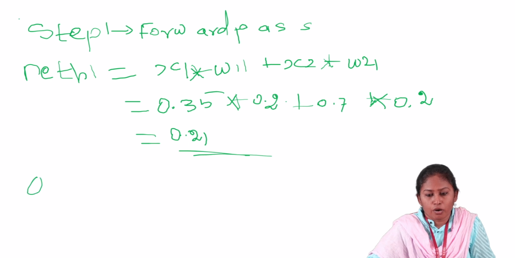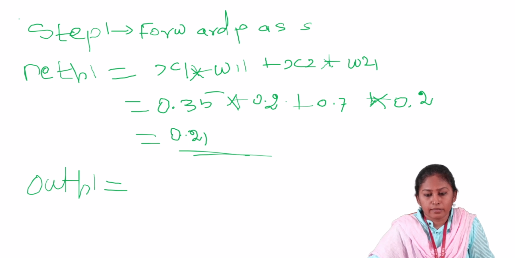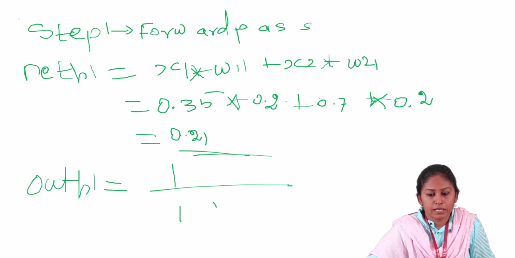So I'm mentioning that as out H1, that means after applying the activation. Here I'm applying the sigmoid. So 1 by 1 plus e to the power minus net H1, because this net H1 is the output we received now, right?